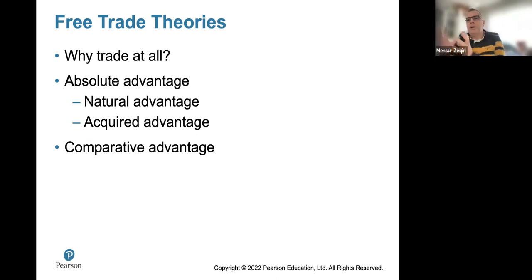They export their specialized surpluses, and then the money that they get by selling this surplus, they use to import things that they need, for the benefit of their own countries.